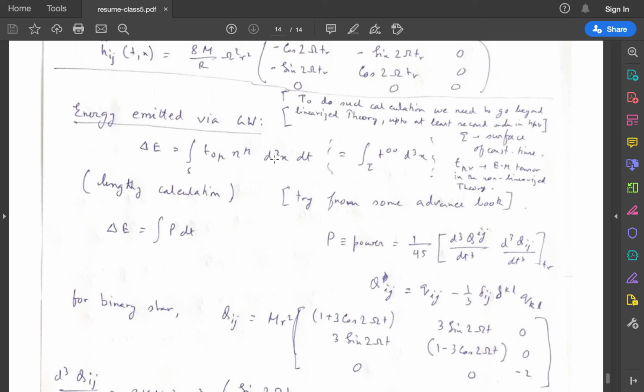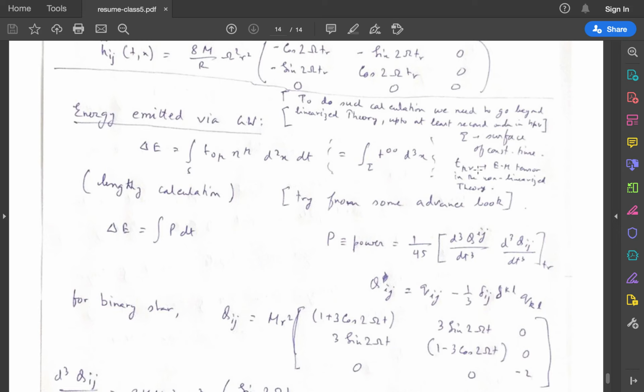If I do all the calculation, then the energy emitted, delta E, is written as an integral over some surface of T0 mu eta mu, d2x, dt. This is only the T00, the temporal part, over some surface zeta, the surface of constant time.